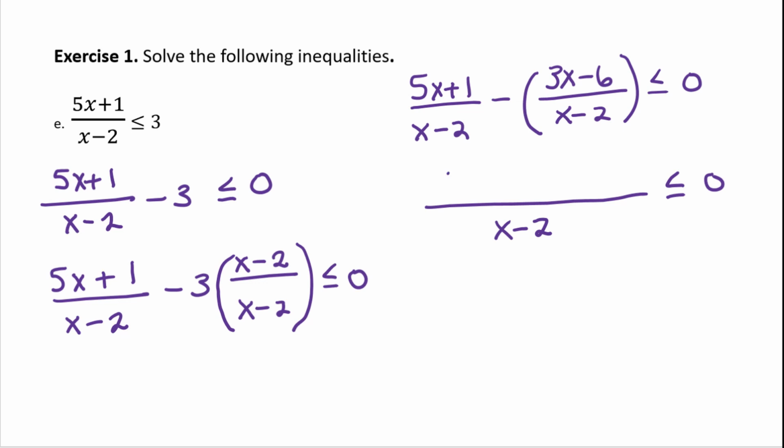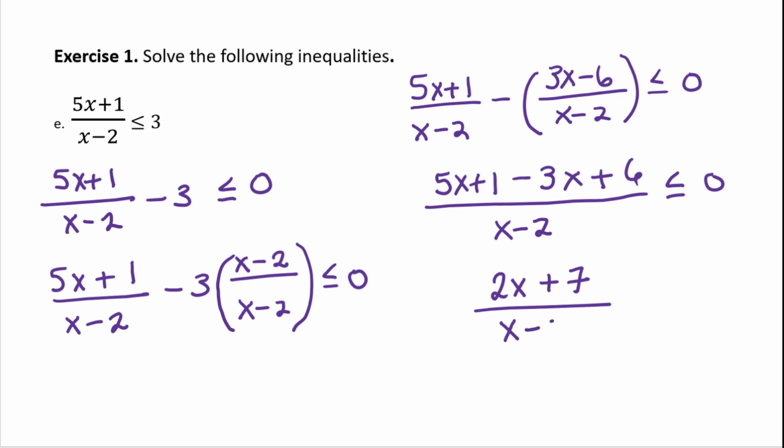The numerator, 5x plus 1. Distribute the negative, so minus 3x, and then negative times negative would make it a positive 6. We can combine some terms in the numerator. 5x minus 3x is 2x. 1 plus 6 is 7, and the denominator is still x minus 2. That is equal to or less than 0.